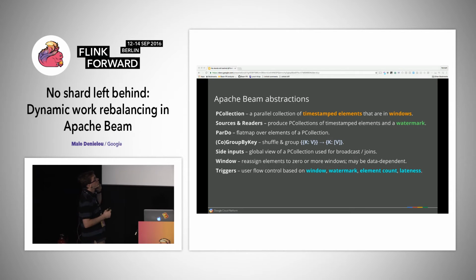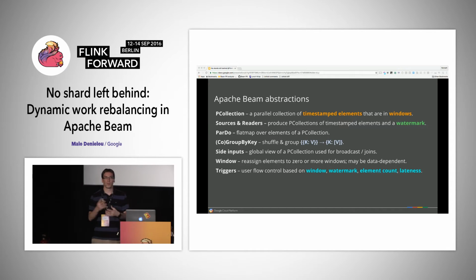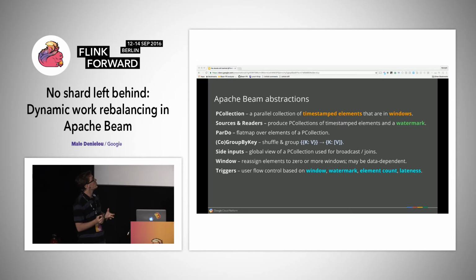Then there are sources and readers. Sources and readers in Beam are how the PCollections are initially produced. Then we have ParDos, which are how PCollections can be transformed, and the various GroupByKeys that allow you to reorganize your PCollections as you wish.